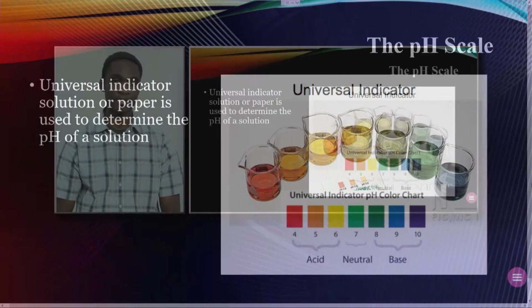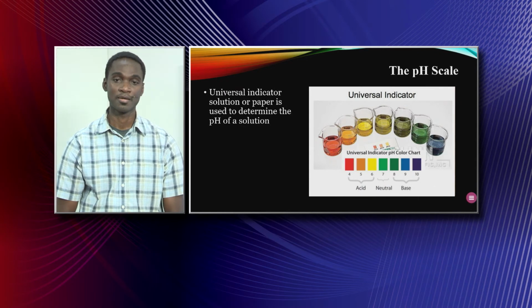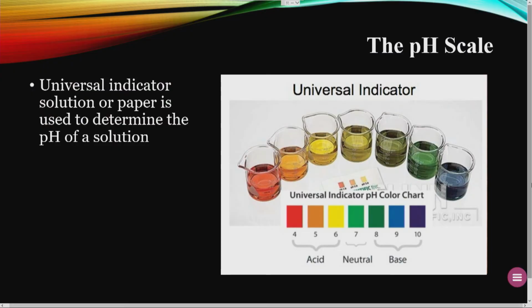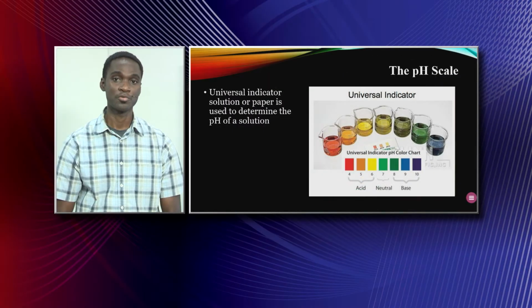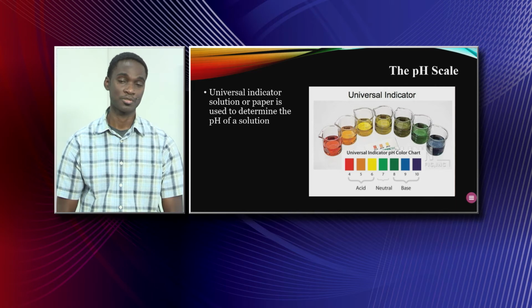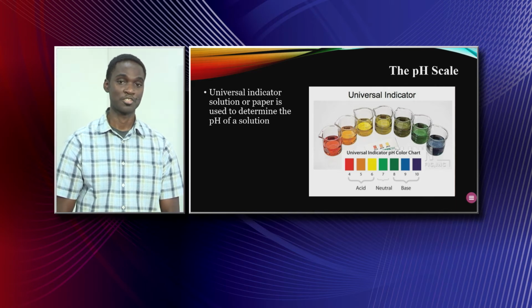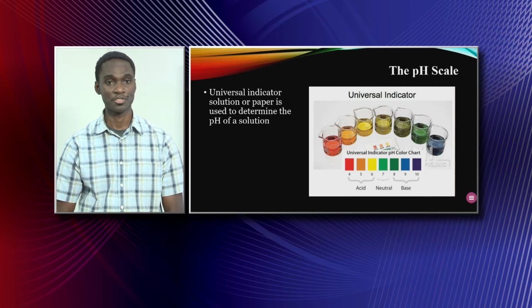So from left to right, we have reddish pink, then orange, moving up we have light yellow, yellow green, green, that is a darkish green, then a bright green with some blue in it, and then we get to blue. So this is how the universal indicator solution can tell us the pH of the solution.